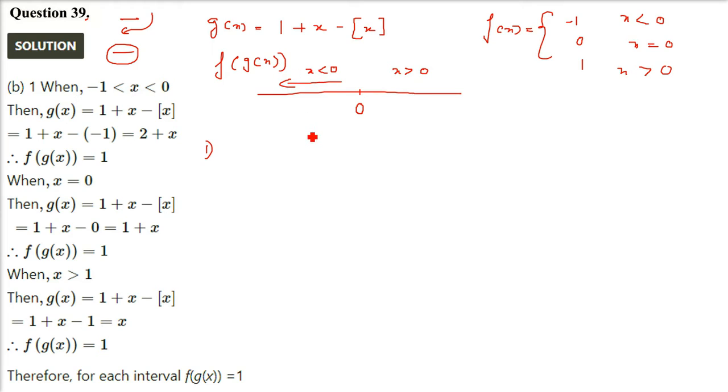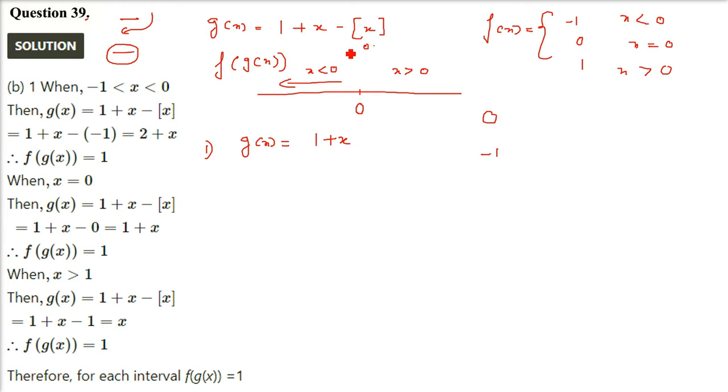So if we go less than 0, the first interval will be 0 to minus 1. Okay, I am taking the left hand side now. So g(x) will be 1 plus [x]. There will be one question in your mind, I'll just deal with that, because you are going from 0 and the first integer which we encounter is -1.